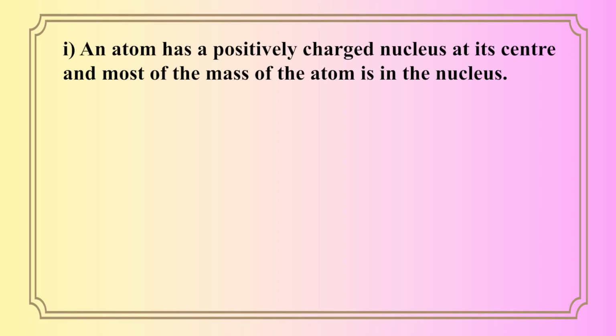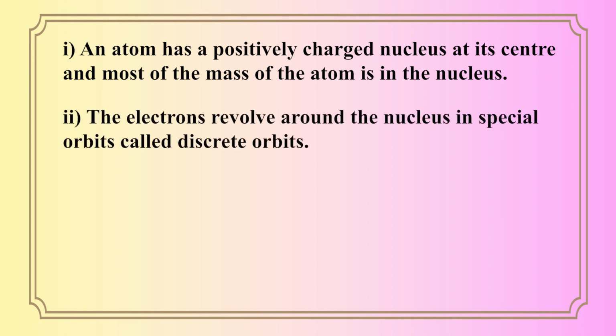Now, dear students, Bohr's model of the atom is an improvement over Rutherford's model, which failed to explain the stability of atoms. Bohr proposed that number 1, an atom has a positively charged nucleus at its center and most of the mass of the atom is in the nucleus.